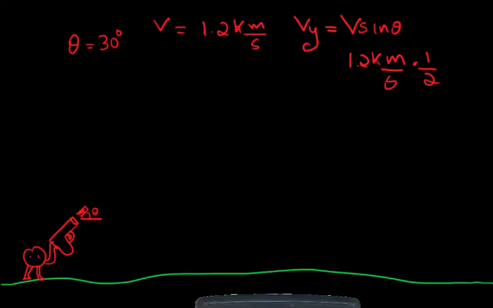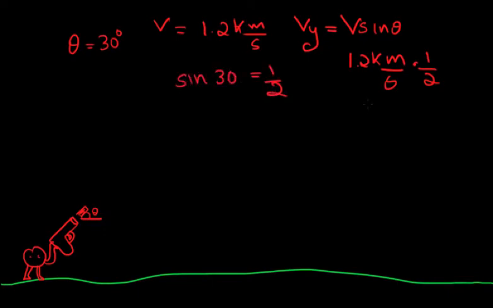So sine of 30 degrees is equal to 1/2. If you multiply 1.2 kilometers per second times 1/2, we get 0.6 kilometers per second. So that is the speed at which it travels in the y direction.